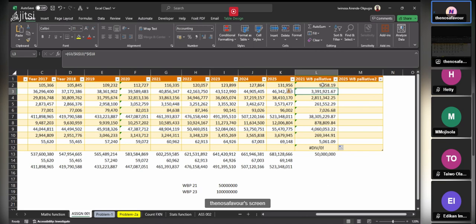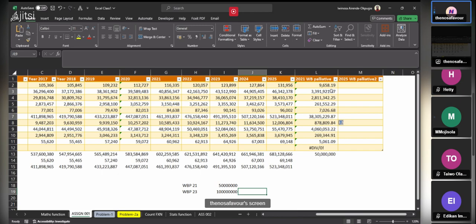So let's see what is inside this formula. You see everything now has I18. If I select this one, it also has I18. So the advantage of this is that, assuming tomorrow World Bank says, okay, no, we don't want 50 million again. We want to change this to 150 million.